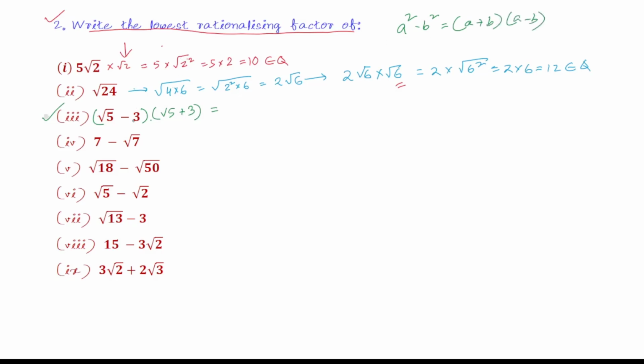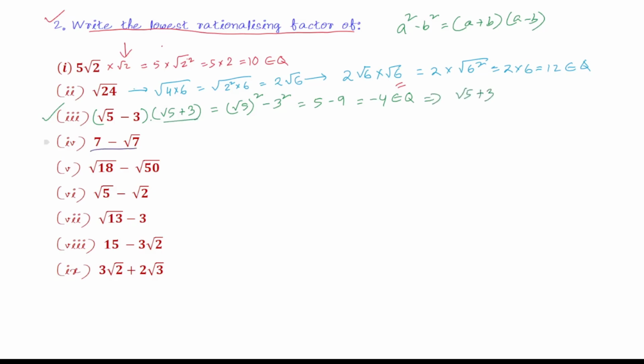So it will be root 5 whole squared minus 3 squared. This is equal to 5 minus 9, which is equal to minus 4, and this is a rational number. So the lowest rationalizing factor is root 5 plus 3.